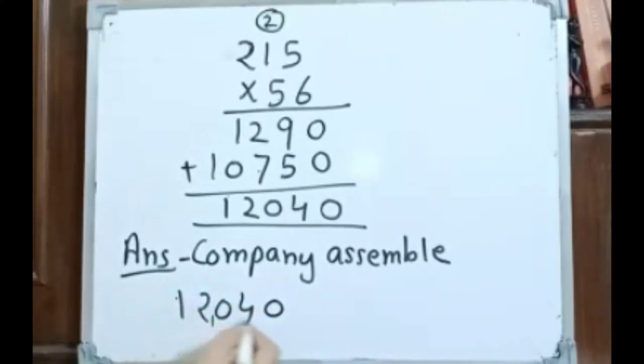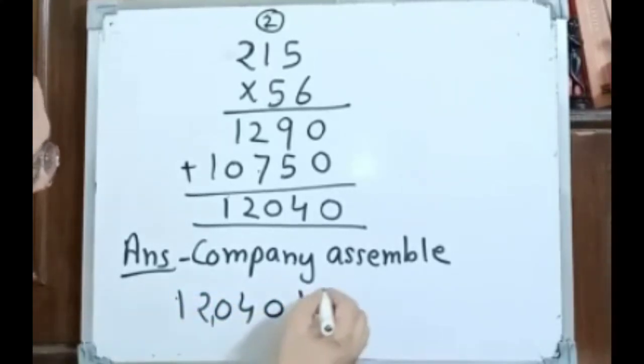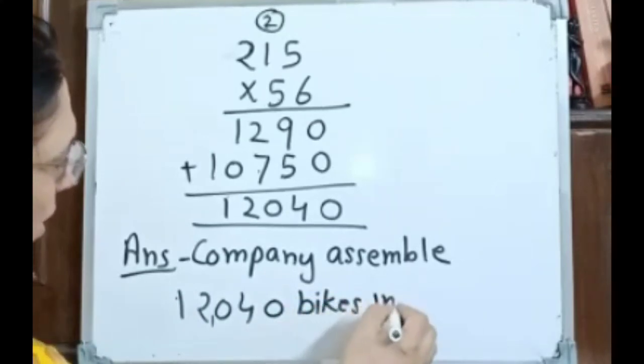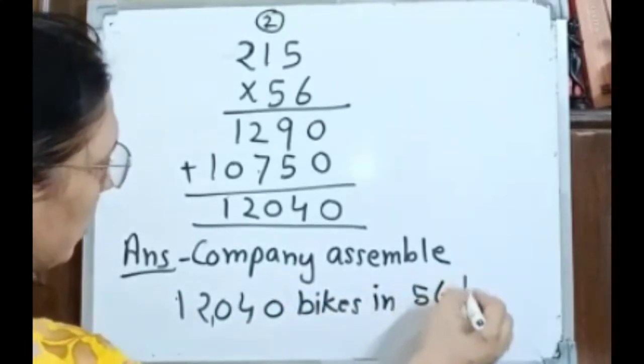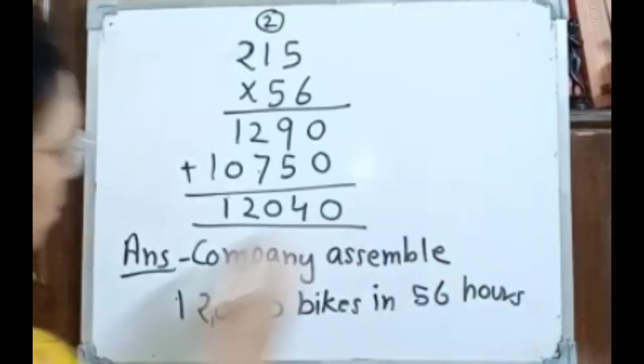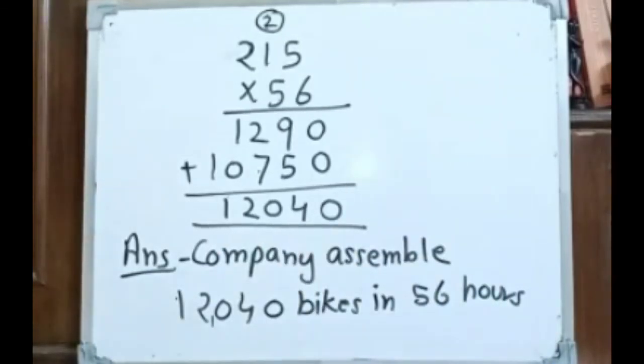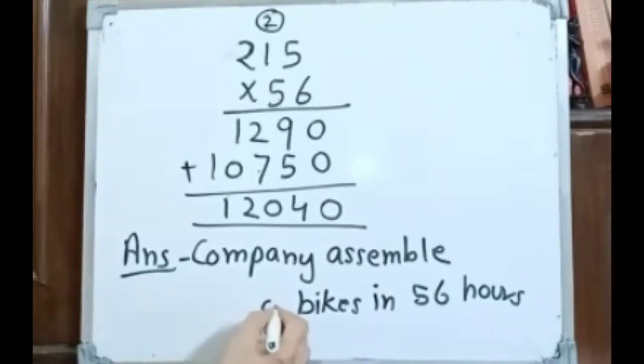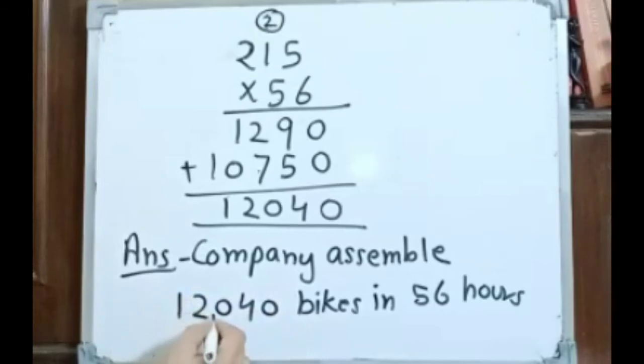So what? 12,040 bikes in 56 hours. So we have to take the number. Whenever we are taking any number, we have to count from this side. Ones, tens, hundreds, thousands, ten thousands. So the company assembles 12,040 bikes in 56 hours.